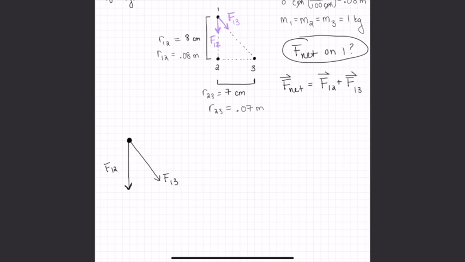But because this is a vector sum, that actually corresponds to the x component of F net being equal to, if there was an x component of F12, I'll still write it generally, F12x plus F13x. So the x component is equal to the sum of the x components. The net y component is equal to the sum of the y components, and we have to do some trig to get those components and then to recombine to get what the actual net force is. So we have quite a number of steps.